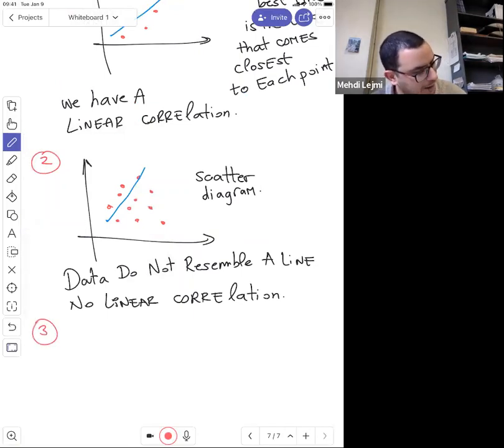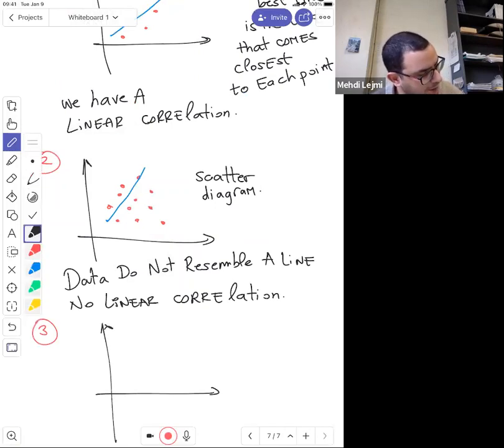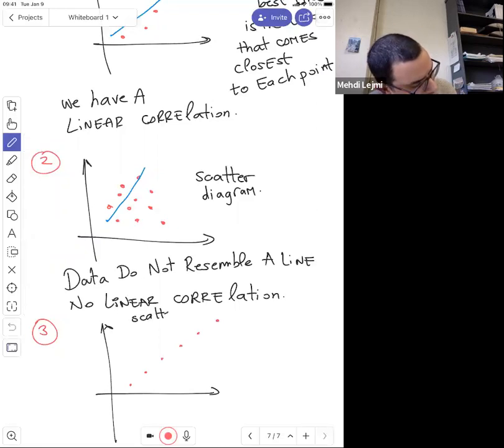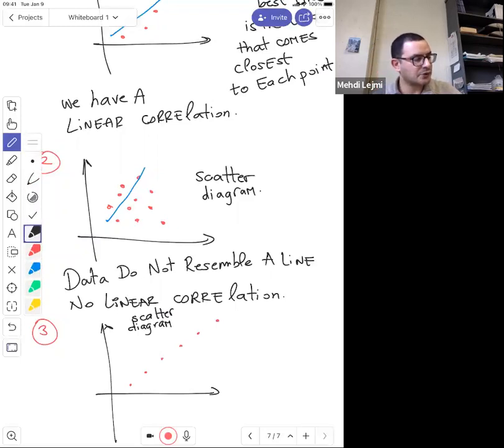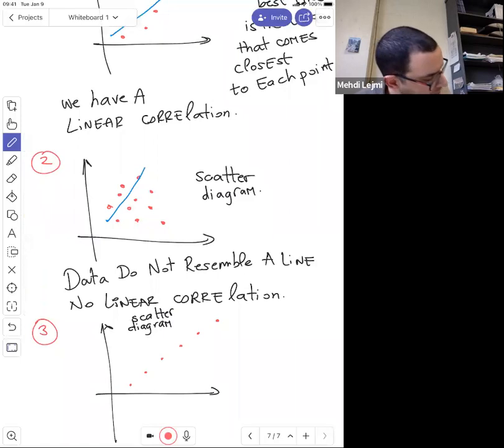Example 3. Let's say a diagram, and then your points. This is your scatter diagram. If you try to draw the line which passes through the points, you're going to have this line, and all the points lie on this blue line.